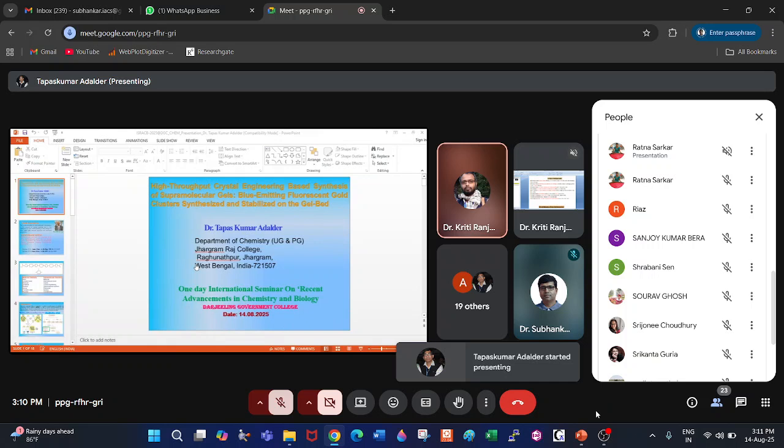So today, the title of my talk is high throughput crystal engineering based synthesis of supramolecular gels: blue emitting fluorescent gold clusters synthesized and stabilized on a gel bed. Before I enter my work, I briefly share with you the concept of crystal engineering.